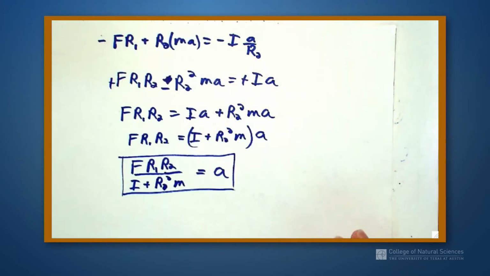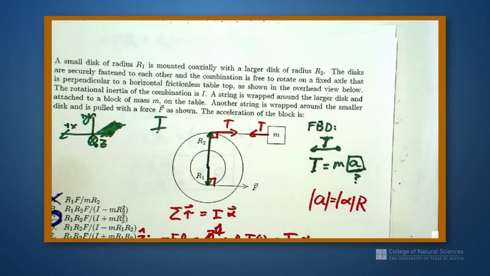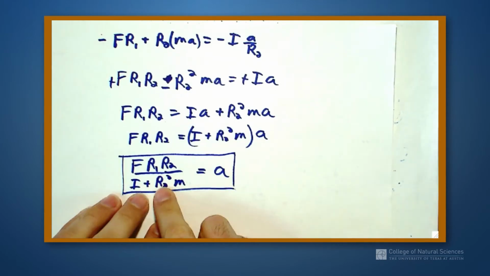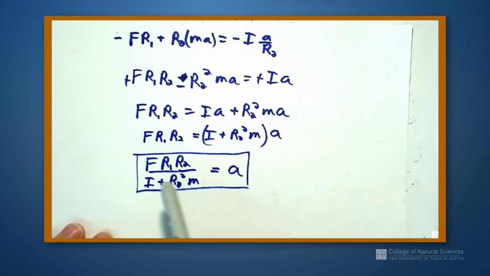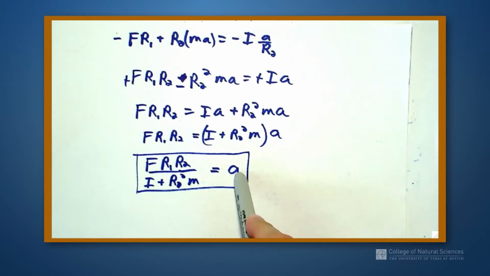Now I just want to go back and check to make sure that this kind of makes sense to me. I'm going to look at this equation right here, and see, does it make sense that things are going to change in the right way? If the moment of inertia of my disk gets larger, my acceleration gets smaller. This makes sense to me because it's harder for me to move this spinning object.